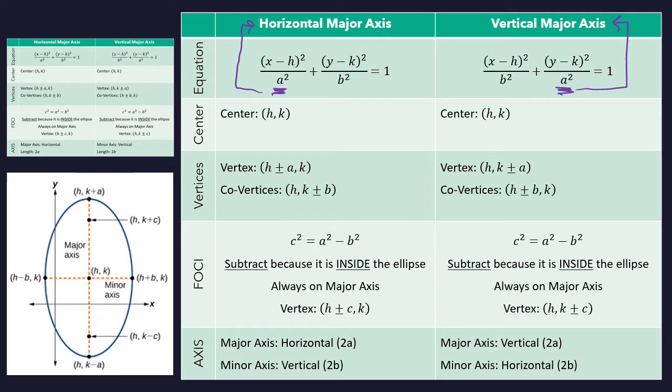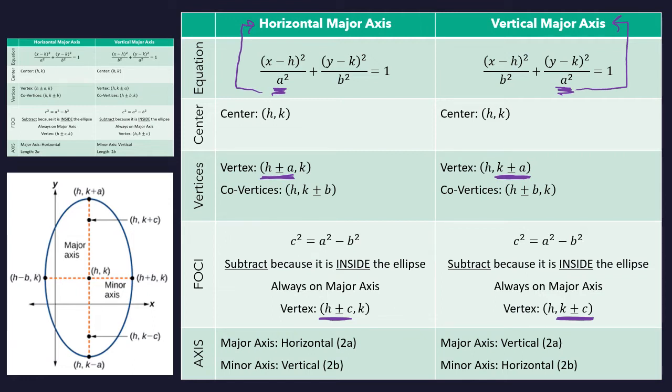So your center is (h, k), and again, if you have a horizontal movement, which we will have here for our vertices and our foci, we add to the x. Over here on the right, we have a vertical major axis, so we add that a value and the c value to the k value because it's on the vertical, or up-down, axis.